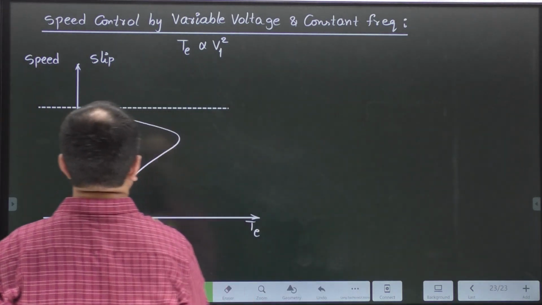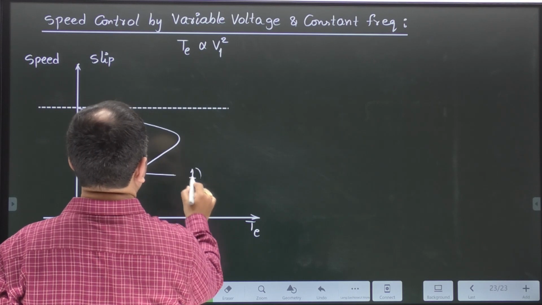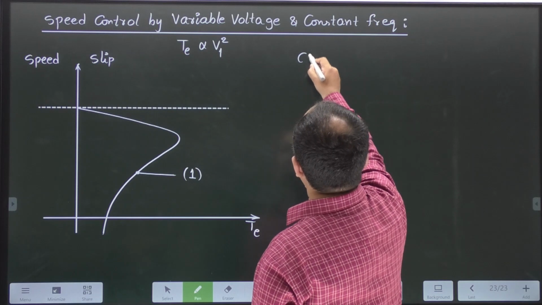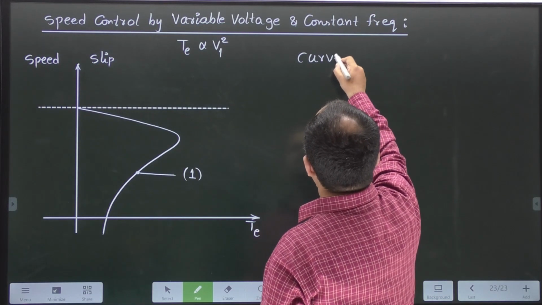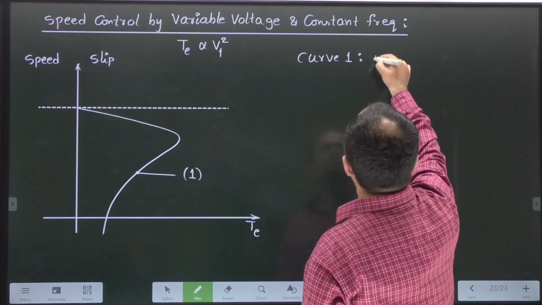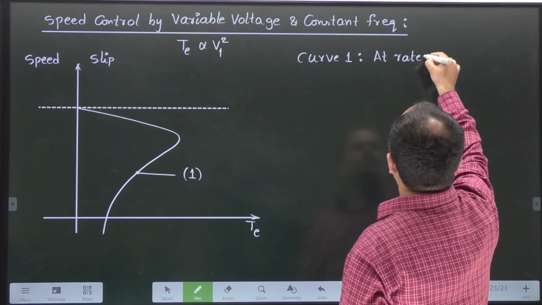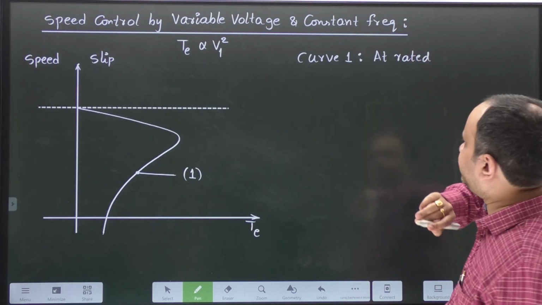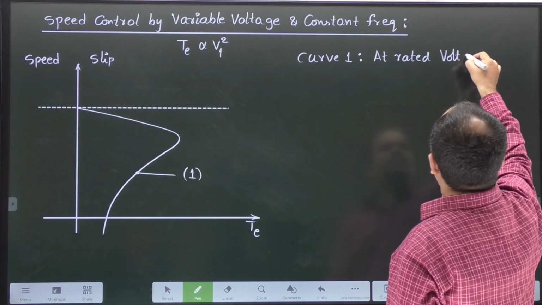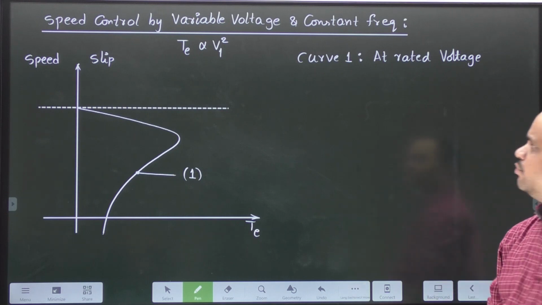Okay. Now, let me take the first characteristics. Let me write down here. This curve 1 corresponds to rated voltage. Anyhow, we are not changing the frequency at all. At rated voltage.